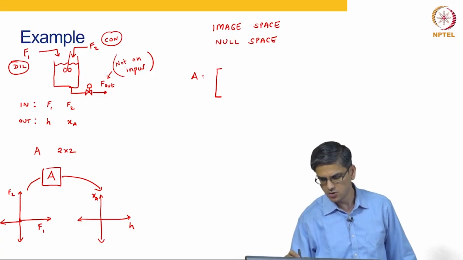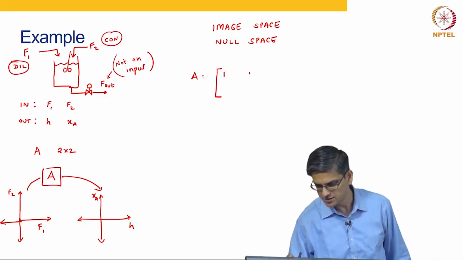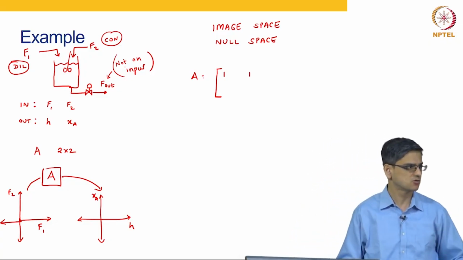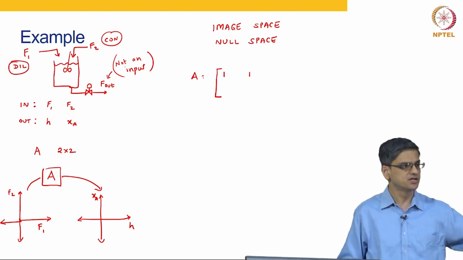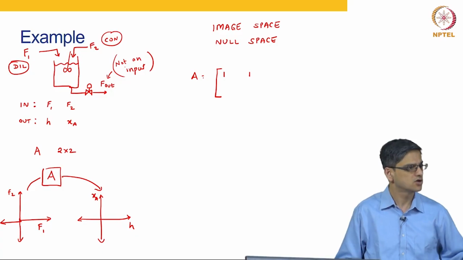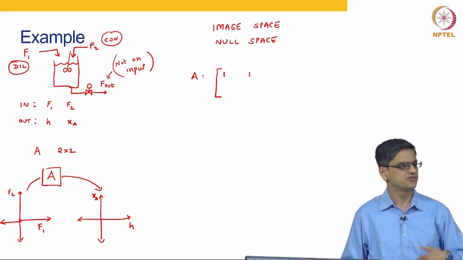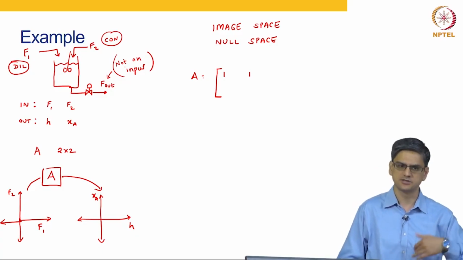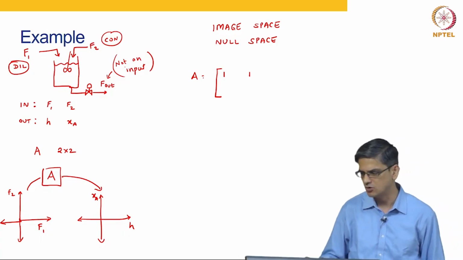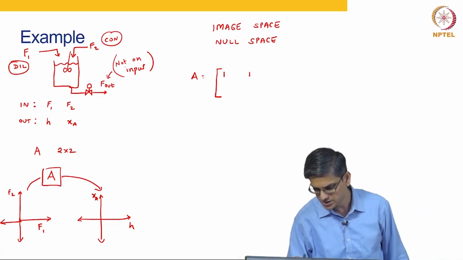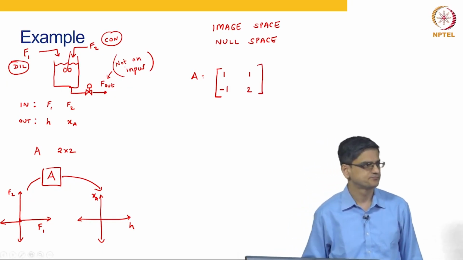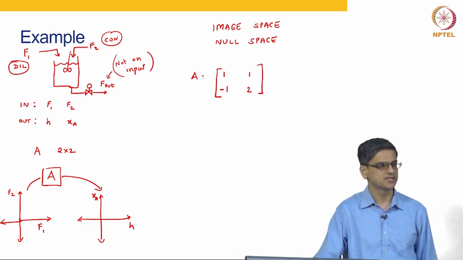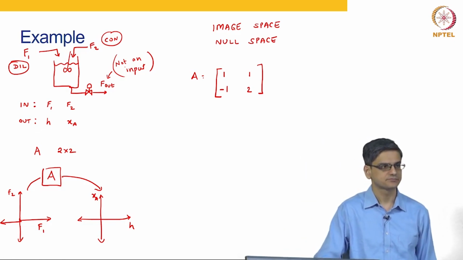So, therefore, what we are likely to get in the first row is 1 1. Okay. And if a dilute stream increases, then the concentration will go down. If the concentrated stream increases, then the concentration will go up, right. So, this guy is going to be, let us say -1 and this guy is going to be 2. Okay. So, our A matrix might look something like this.